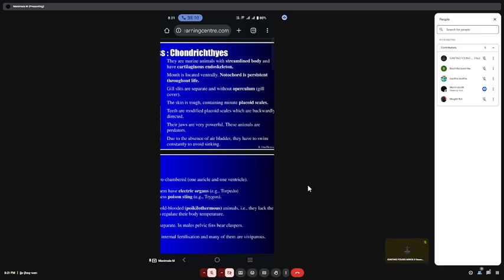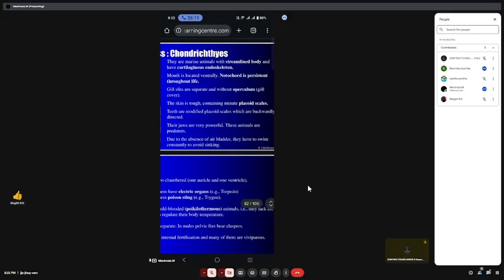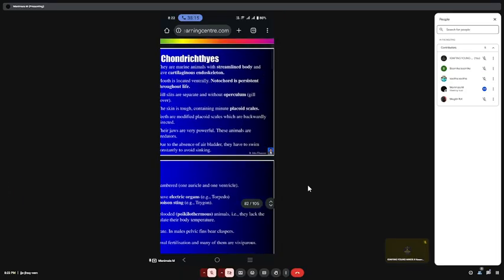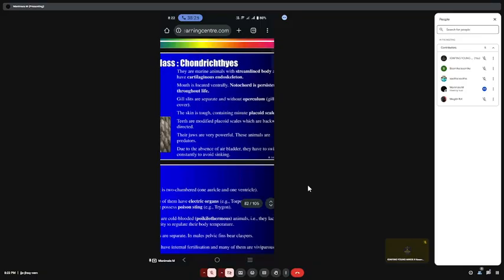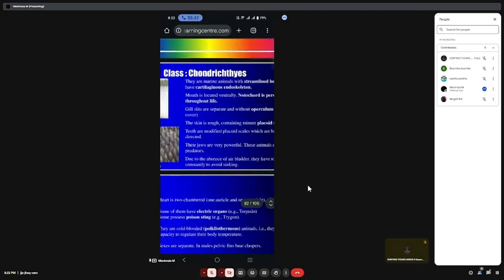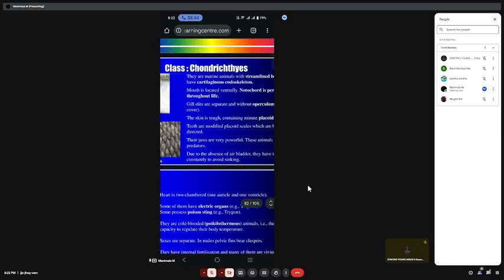So the habitat where this organism is able to live? Marine, ma'am. Yes, marine organisms. These organisms are commonly called cartilaginous endoskeleton animals.